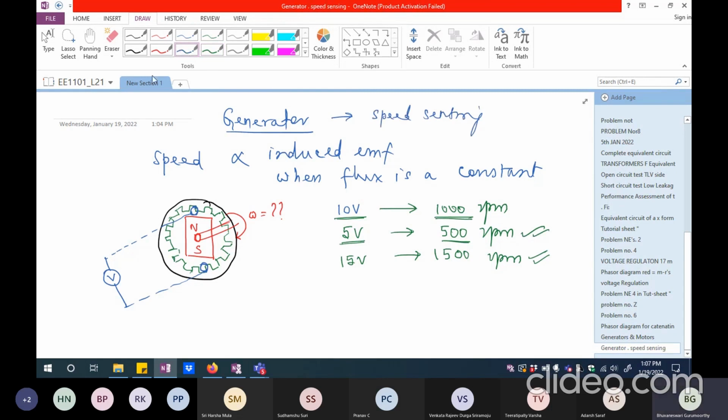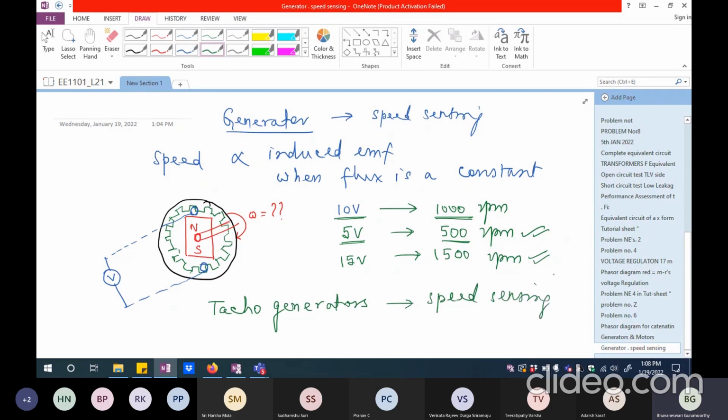And we normally call this kind of generator, which is used for sensing the speed and which is equipped with a permanent magnet within itself, a tacho generator. Tacho generators are very commonly used for speed sensing in many systems.